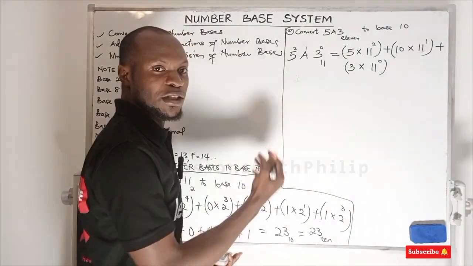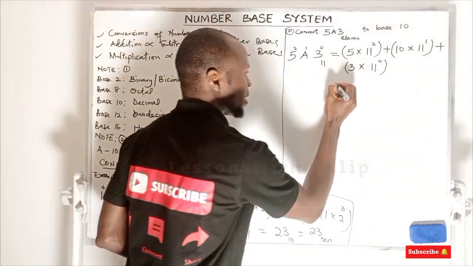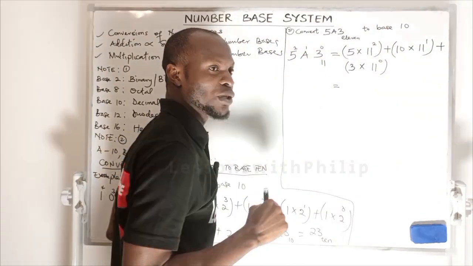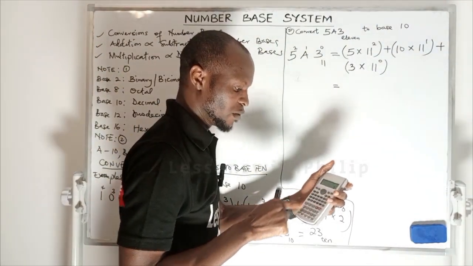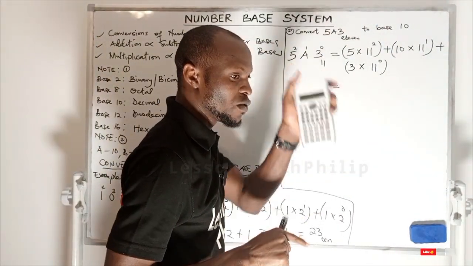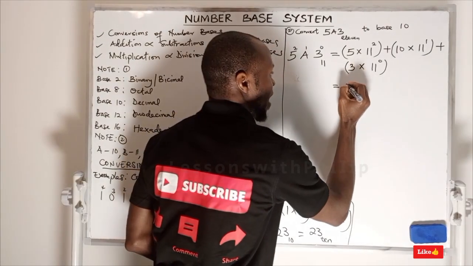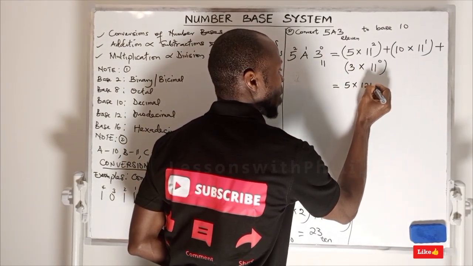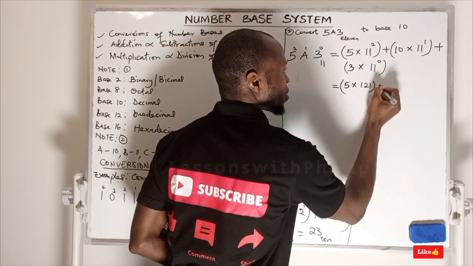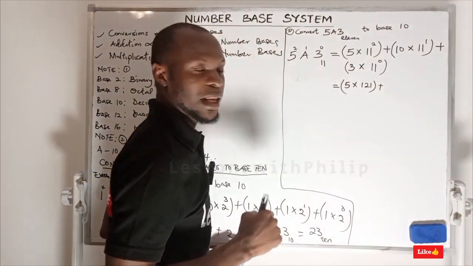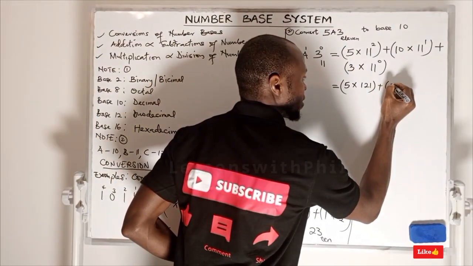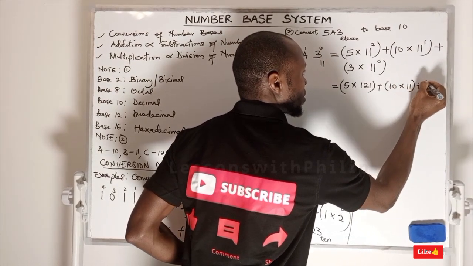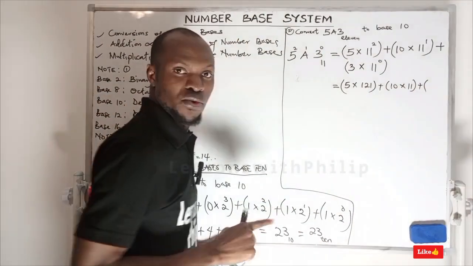Alright? Now, the next thing is to expand the bracket. This will now be equivalent to 11 raised to power 2, which is 11 squared. That is 5 times 121. Okay? Plus 11 raised to power 1 is 11, and that will be 10 times 11, plus 11 raised to power 0 is 1.